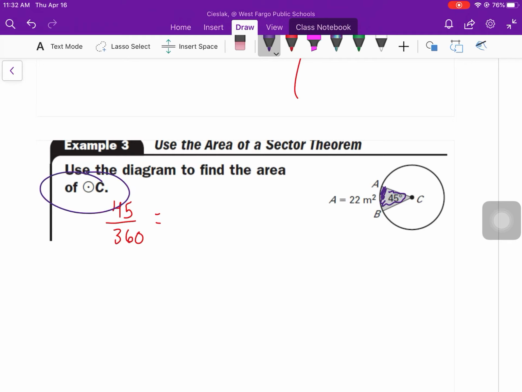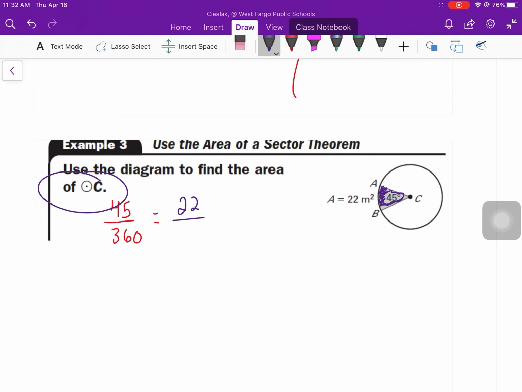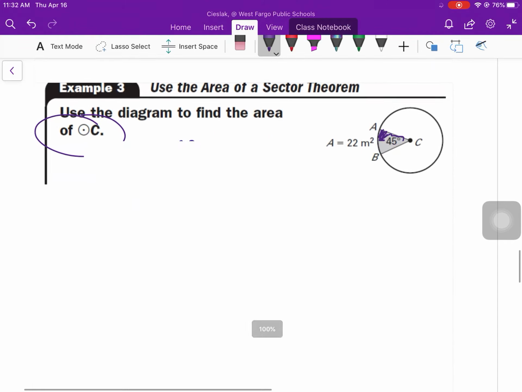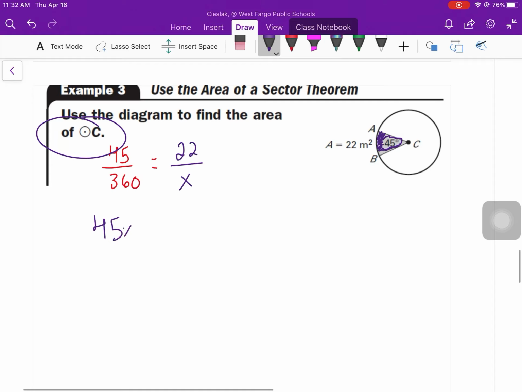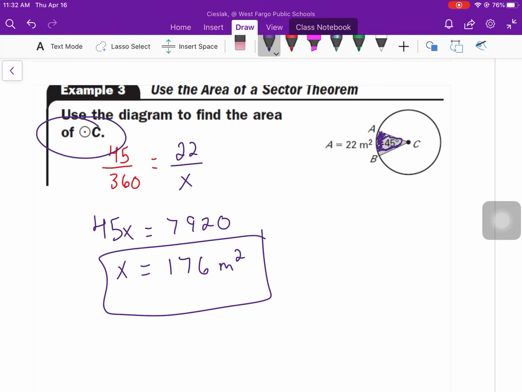We're trying to find the area of the whole thing. That's my bad. So it's 45 over 360. 22 is that small area for the 45-degree sector, all divided by the whole thing, x, that's what I'm trying to find here. So that's going to give me 45x is equal to 360 times 22, which is 7920. Divide both sides by 45, x is equal to 176 meters squared.